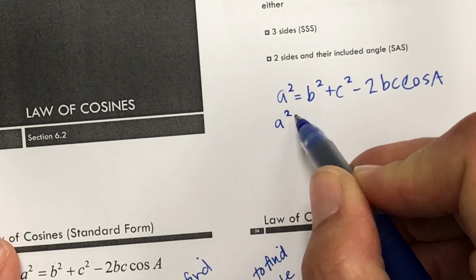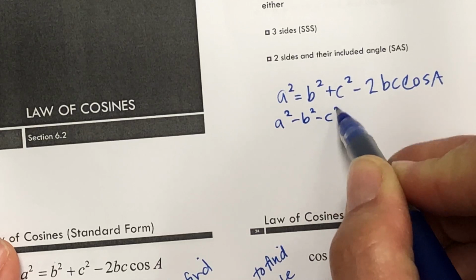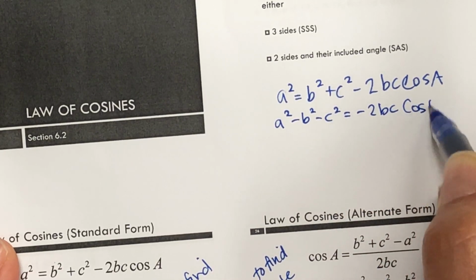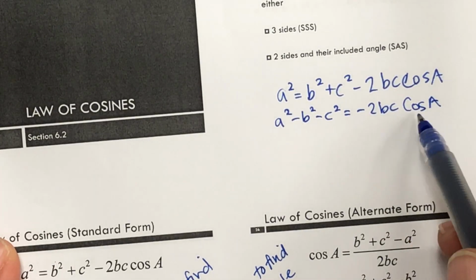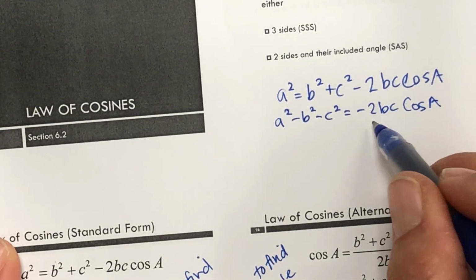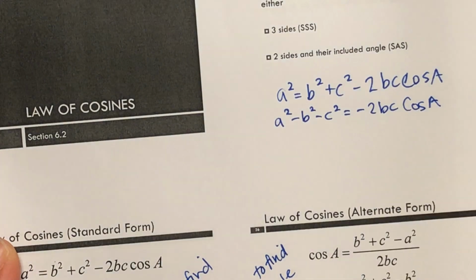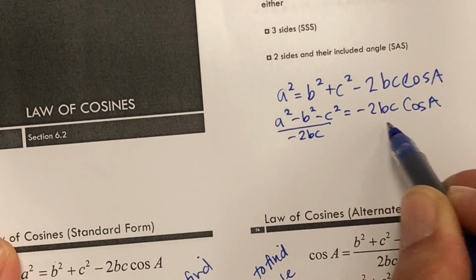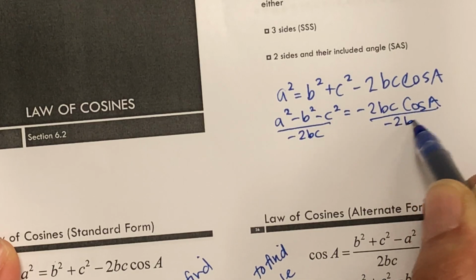So I'd have A squared minus B squared minus C squared equals negative 2BC cosine A. Now, I want cosine A by itself, so I'm actually going to divide both sides by negative 2BC.